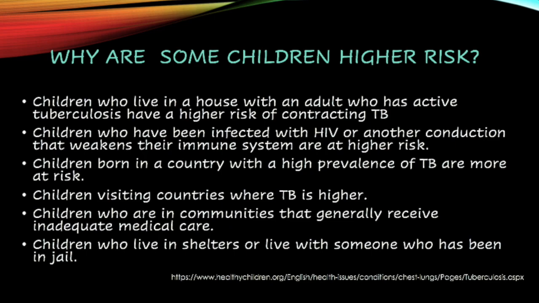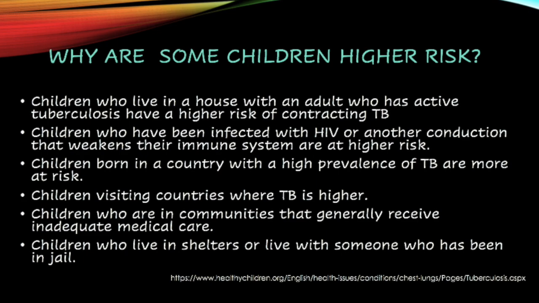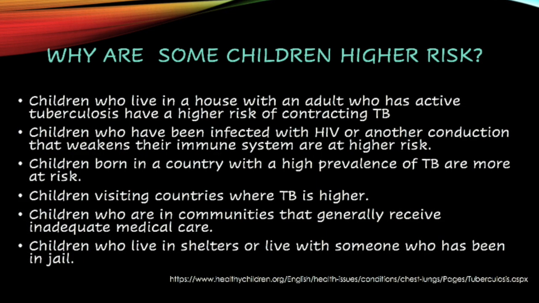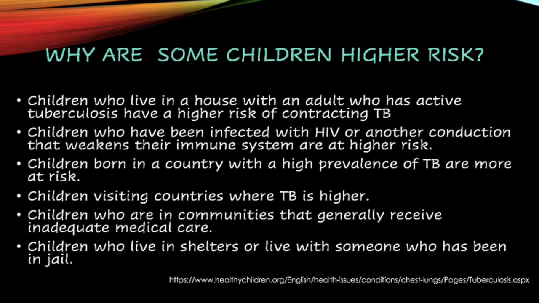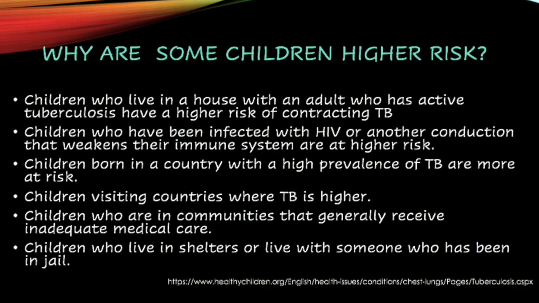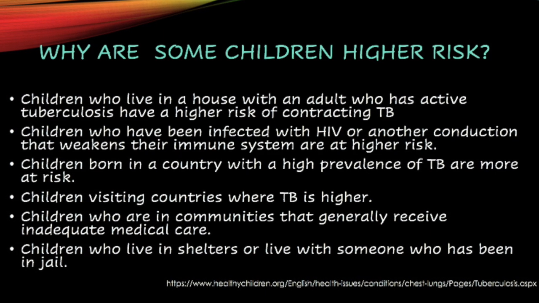Another population that I focus on were children and why they're at higher risk. So those that live in a house with somebody that has active tuberculosis are at a higher risk of catching it. Kids don't have as developed lung systems as adults, so if they get it, it might be harder for them to fight it off like an adult would. So I think that puts them at a higher risk.